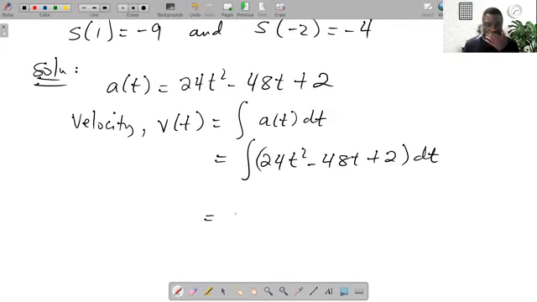And I just need to take the derivative here, I mean the integral here. You do that individually, by individual terms.